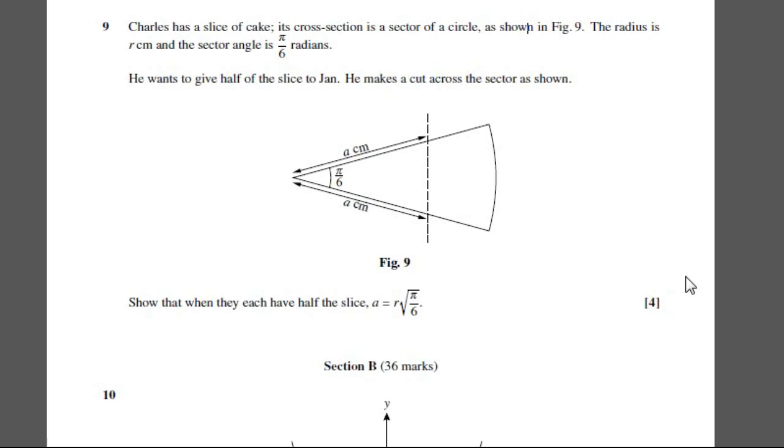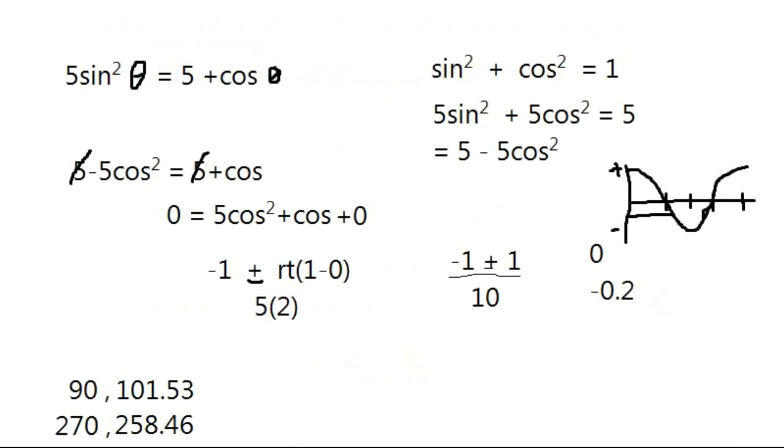So he wants to give half the slice to Jen, and he makes a cut across the sector, and to show if it is half a slice, the A will have to be r root pi/6, and that is a bit of graphical calculations.